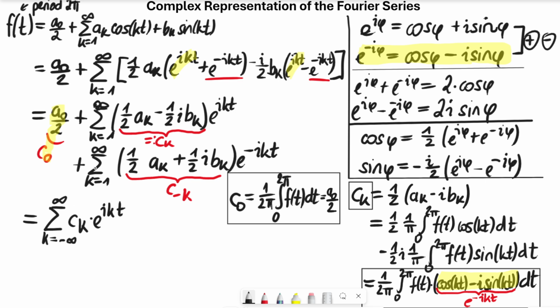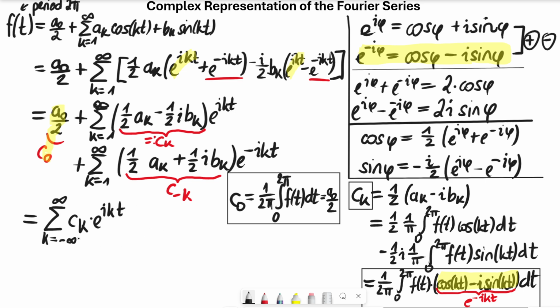And then I cover both sums. Because here you start from k minus infinity, go to minus 2, minus 1, 0, 1, 2. And as I explained before, the value for minus 1 is here, c minus 1, e power i times minus 1 t. Everything fine.